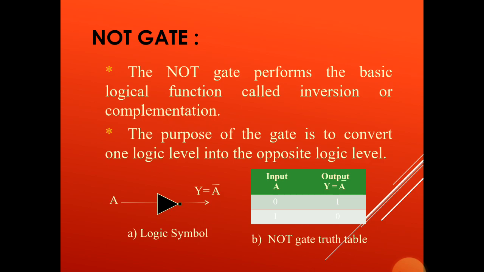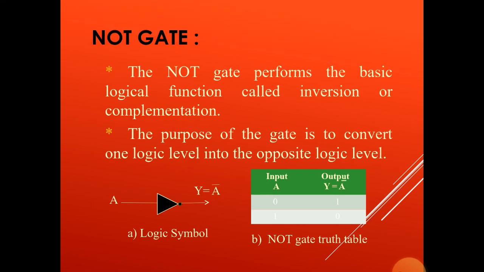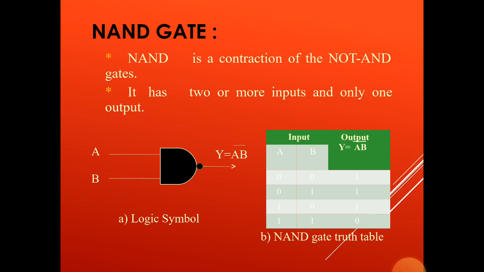If the input received is 1, the output is 1 complement, that is 0. That is the function of the NOT gate. So, the truth table of the NOT gate is: for 0, the output is 1, and for 1, the output is 0.